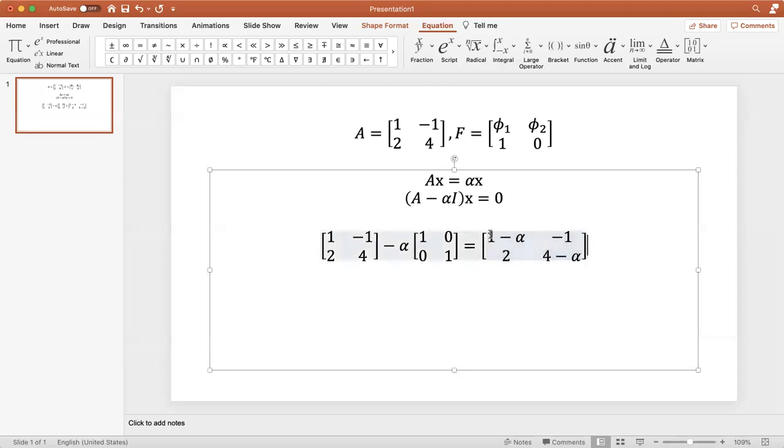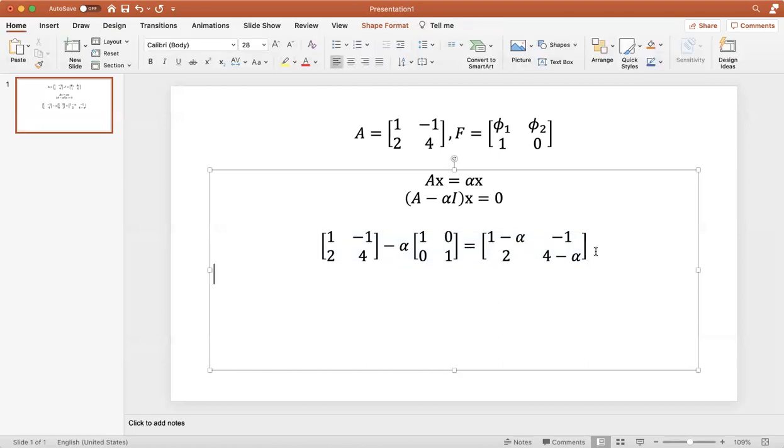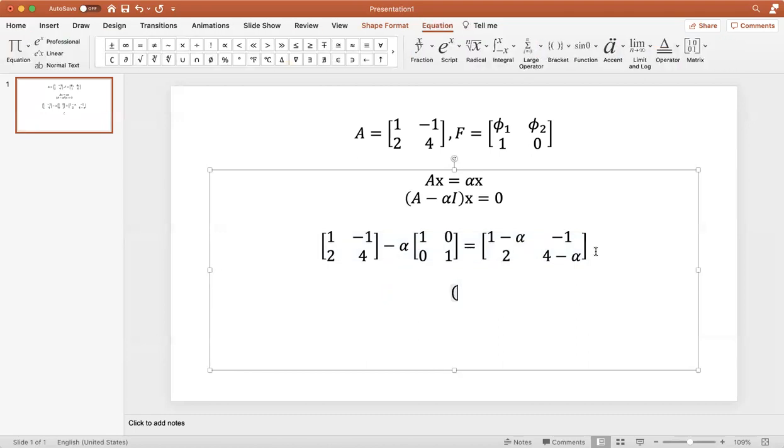So just to demonstrate, this A minus alpha I is equal to this 2 by 2 matrix.